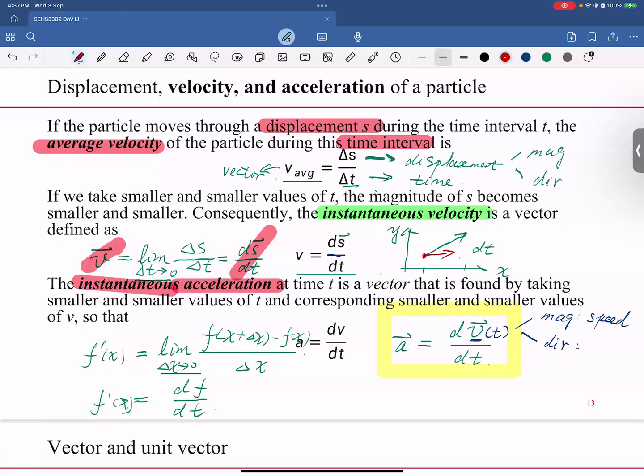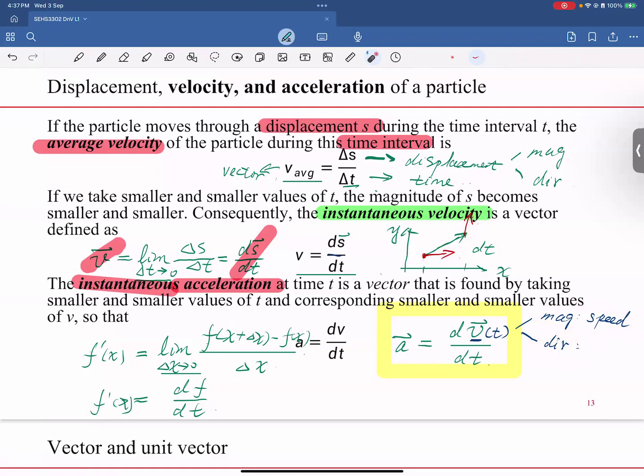And at the end, the velocity looks like this. And you can see from these two points, you need to study the change of the velocity in both magnitude and direction.